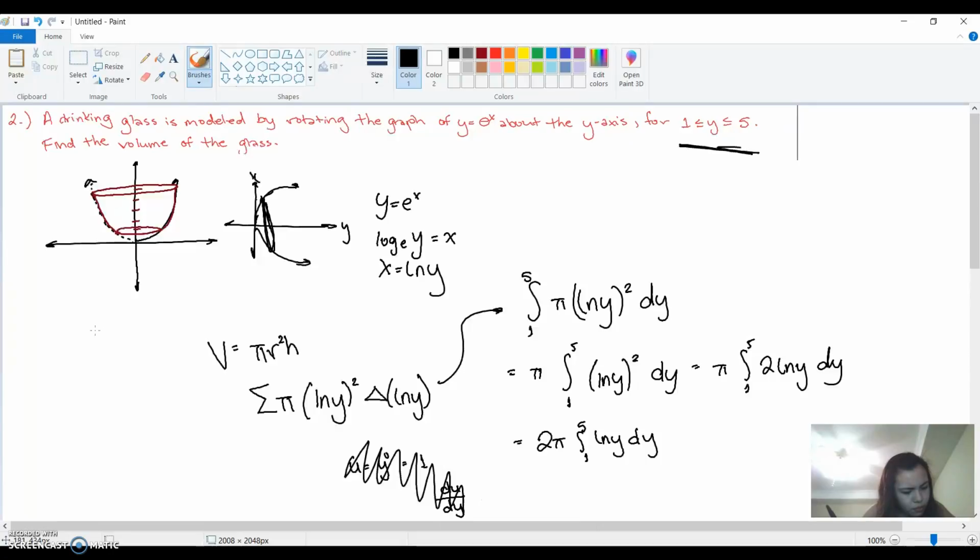So, the integral of... I just can't integrate logs. It's not possible.